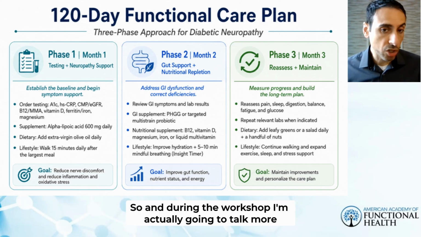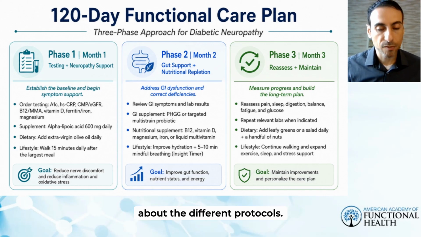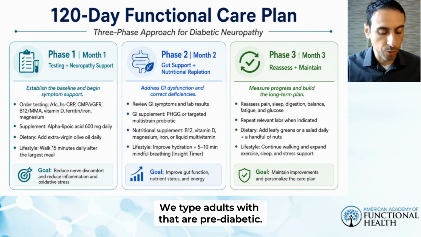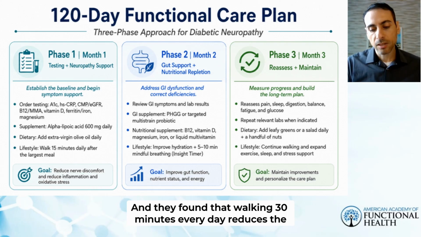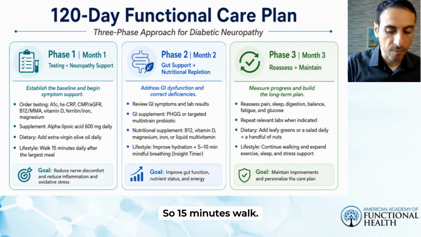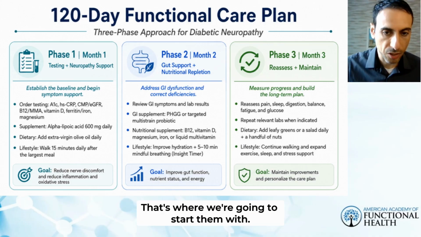And during the workshop, I'm actually going to talk more about the different protocols. For example, there is this particular study with adults that are pre-diabetic, and they found that walking 30 minutes every day reduces the risk of developing diabetes by 50%. So a 15 minute walk, that's what we're going to start them with.